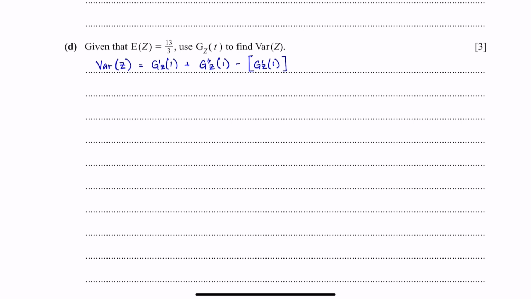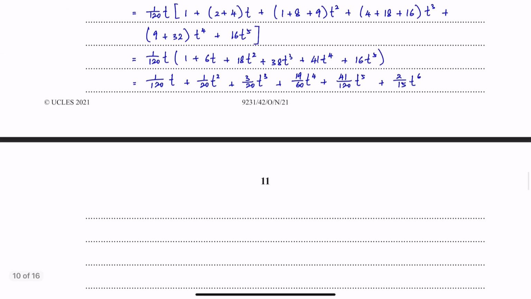Alright, so now we need to find G prime 1 and G prime prime 1. So we have G_Z(t) equal to this thing over here. Let's just copy it down.